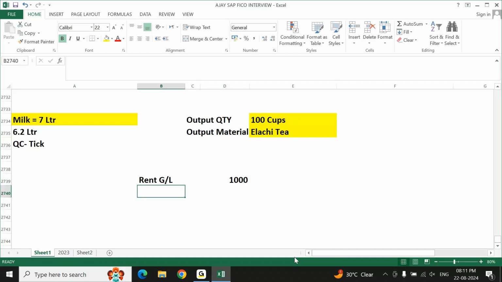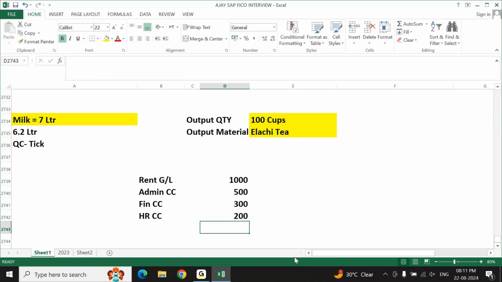Can I segregate it? If my rent is 1000, can I segregate my rent based on different characteristics, maybe cost center, maybe profit center? Different dimensions can I use to split this 1000? Yes, sir, we can. Everything is rent only, but within the rent I'm able to segregate it, right? Similarly, everything is the same material, but you are segregating it based on the batch number.